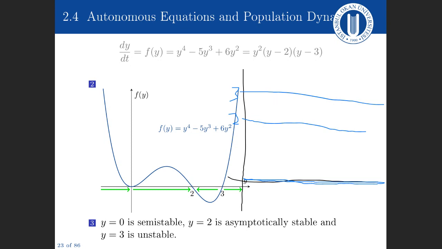And I'm just going to copy the green arrows across. First it goes up, then it goes up, and then down, and then up. Now I'm going to be plotting y against t, by the way.